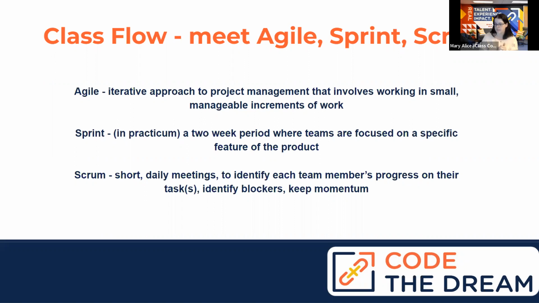A sprint in Practicum is that 2-week period where you're going to be focused on a particular feature of the product. So it'd be building the login page, or adding some kind of additional authentication to something, or creating a dashboard, or whatever the case may be. And then Agile is that iterative approach to project management.